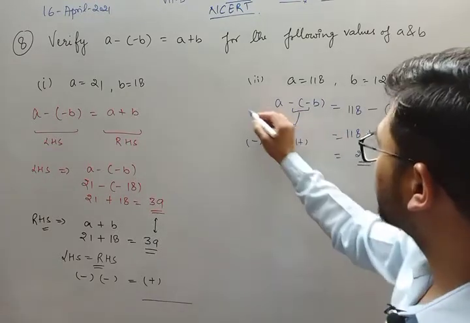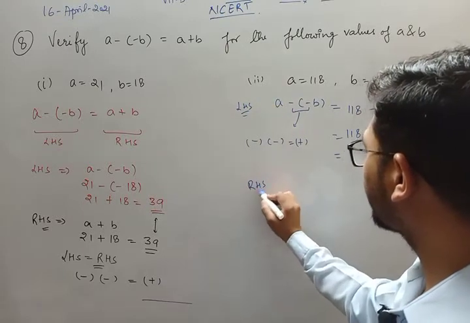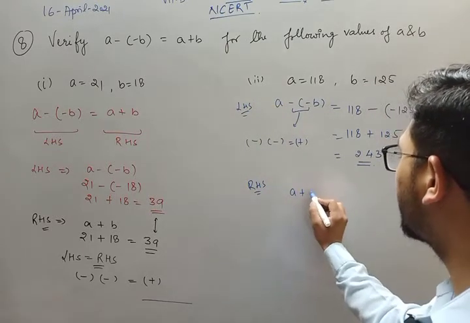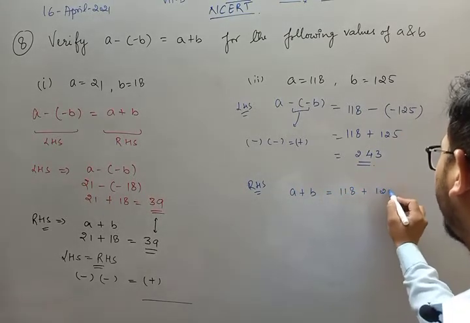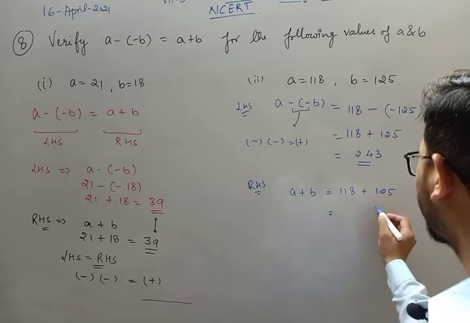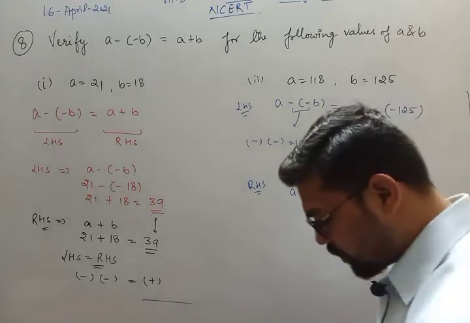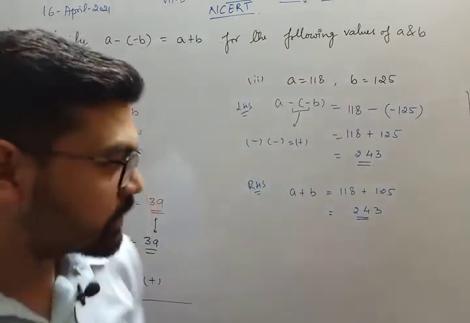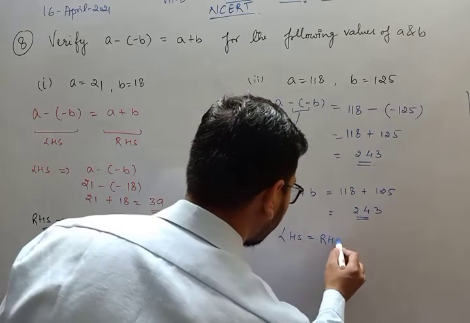Now, this is LHS. Now RHS. a plus b is equal to 118 plus 125. 8 plus 5 is 13, 4 and 243. So here again I got the same result, that LHS equals RHS.